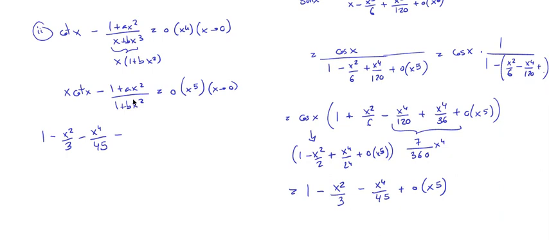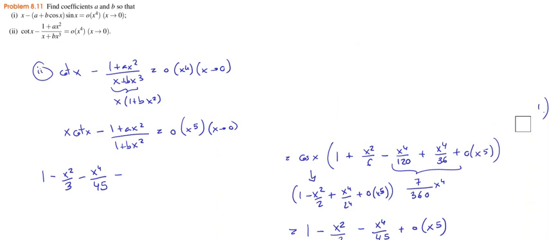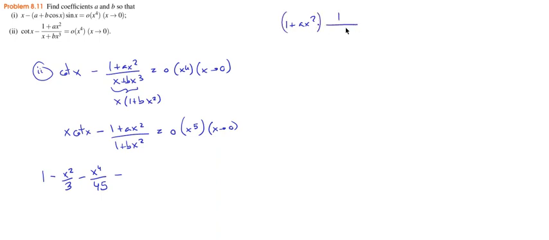So, how do we expand this? Well, again, we can use the same thing. We have here 1 plus ax squared times 1 over 1 plus bx squared. Or in other words, this is 1 minus bx squared.